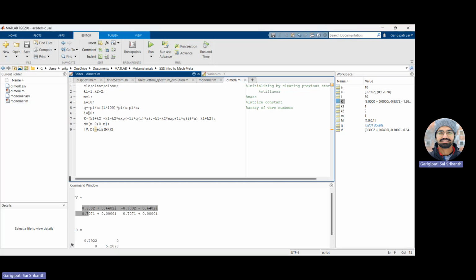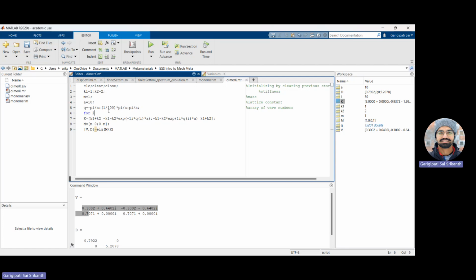However, we don't want just I for some 50. We want a higher number. Actually, all of them. So I have to write a loop. Okay.